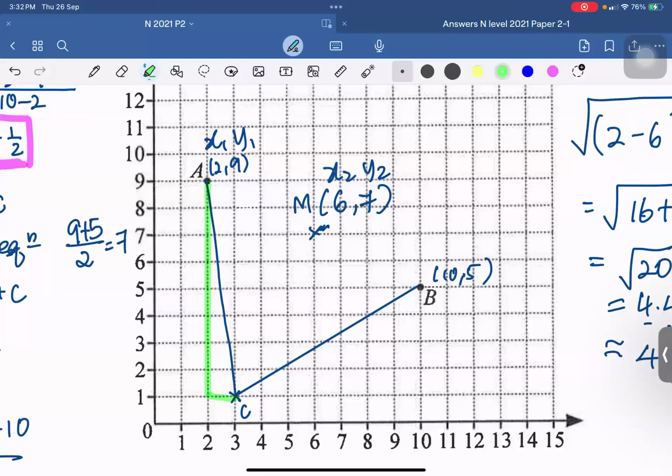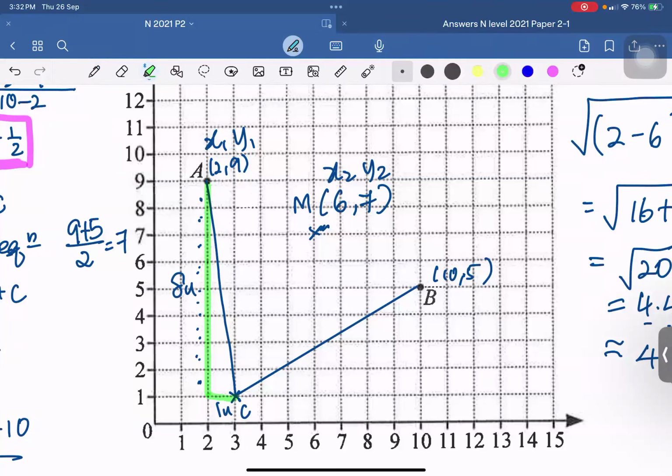So for A, in order to go to C, what is the height and range, the units here? 1, 2, 3, 4, 5, 6, 7, 8, 9. 9, 8. 1, 2, 3, 4, 5, 6, 7, 8. 8 units here and 1 unit across.